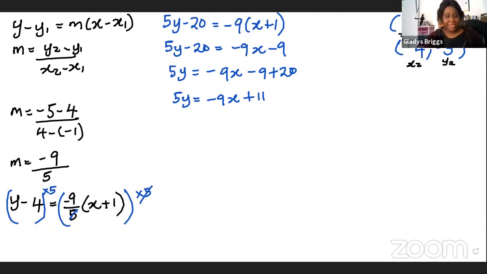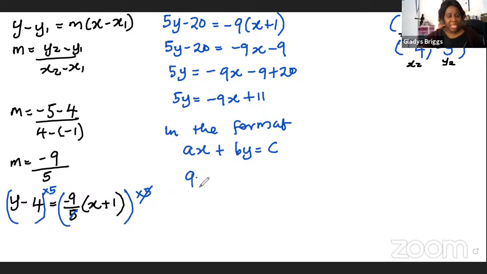And if we want to put it in the format ax plus by is equal to c, then it will be equal to 9x plus 5y is equal to 11.